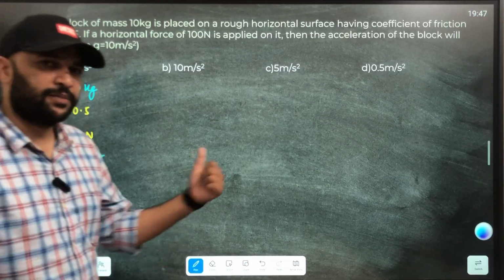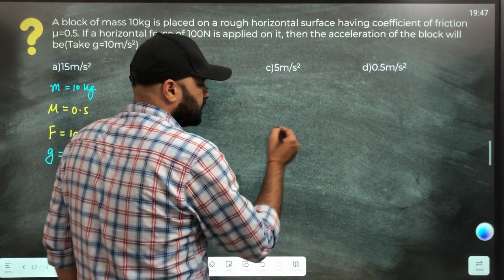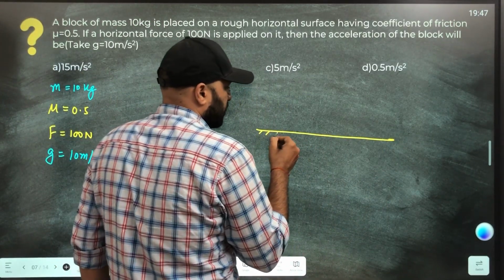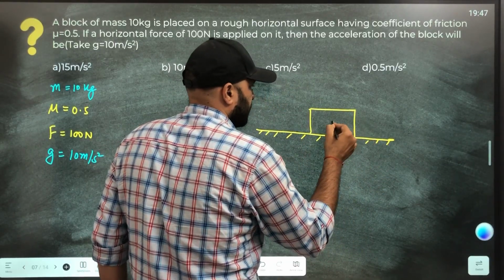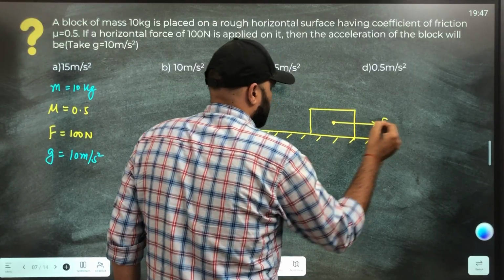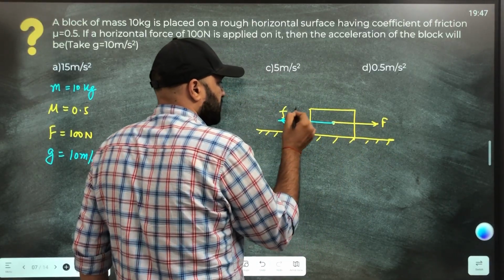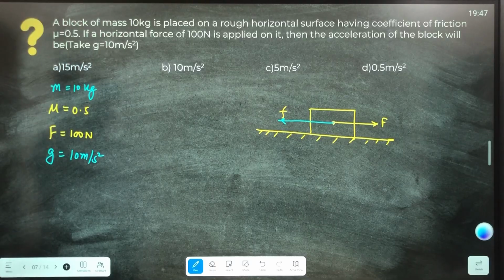Okay. Let me explain the question with you. This is our block. This is our horizontal surface and we are placing a block on this surface, right? You are applying a force in this direction. The friction is opposing it in this direction. What will be the resultant acceleration of this block?